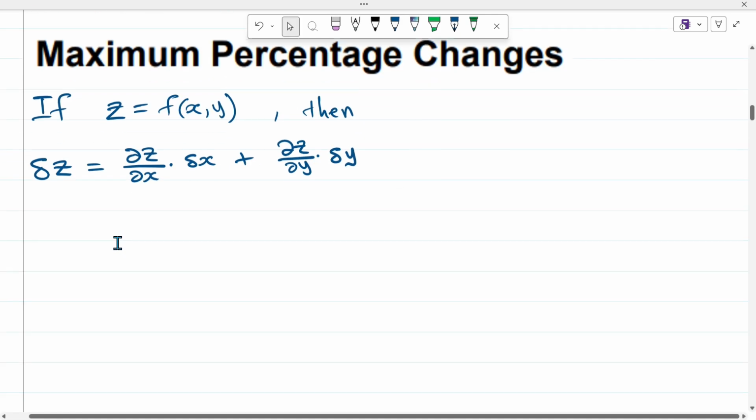So here the left side denotes the maximum percentage change in z.